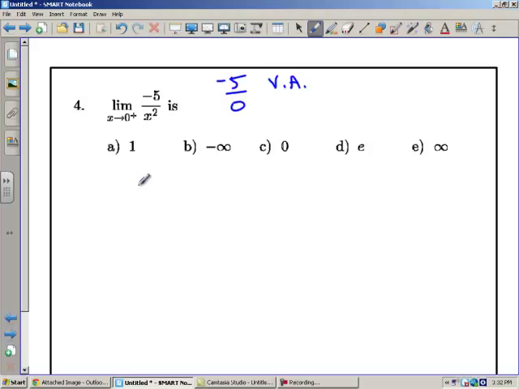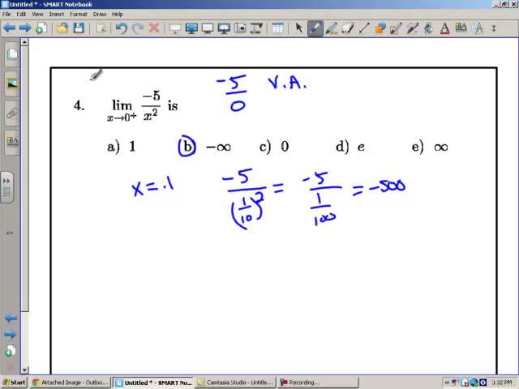So I'm going to pick a number like x equals 0.1, and I'm going to plug it in. If I plug in 0.1, which by the way is just a little bit to the right of 0, which is 1/10, and I square it, I'm going to get negative 5 over 1/100, which is negative 500. I got a negative huge number. That means the graph is heading towards negative infinity.